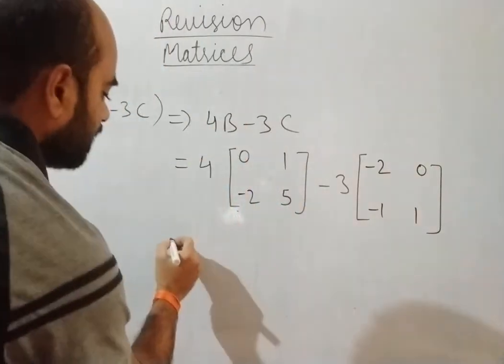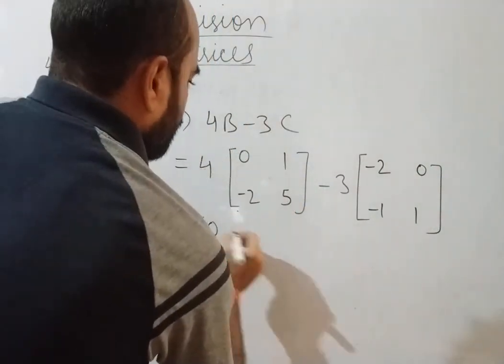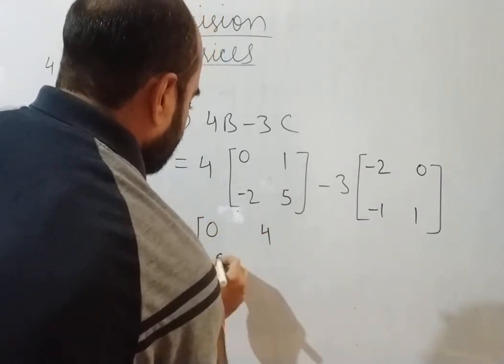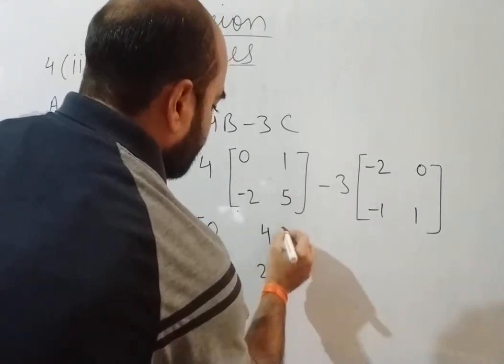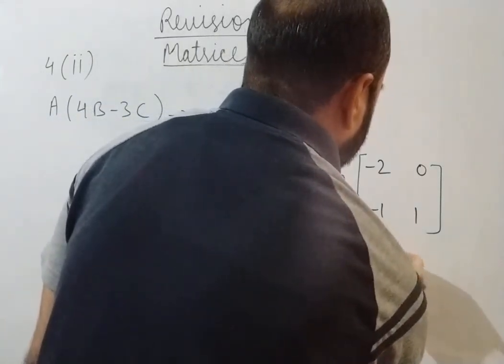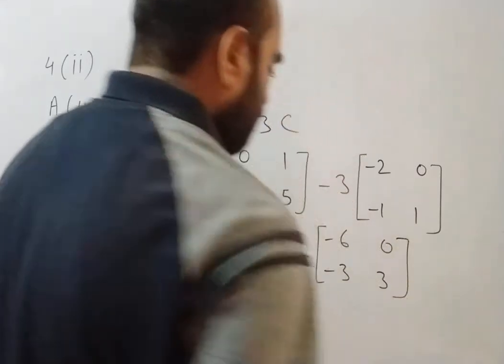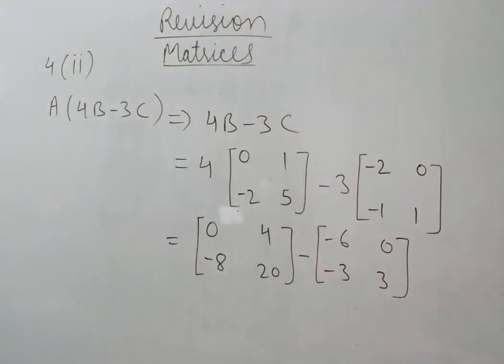Correct? So 4B minus 3C will be [0, 4; minus 8, 20] minus [6, 0; minus 3, 3]. Correct? So this is 4B minus 3C matrix.